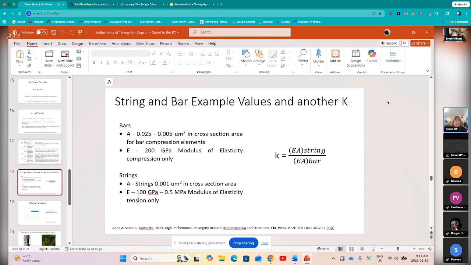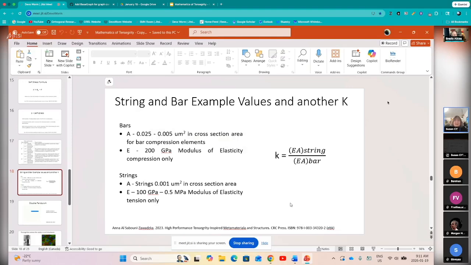They've got 100 GPa, which is like steel again, not quite as high as the bars, but close. And even 0.5 megapascals is a lot. So in a cell, the strings are fairly stiff. Anyway, that's what I wanted to show you.